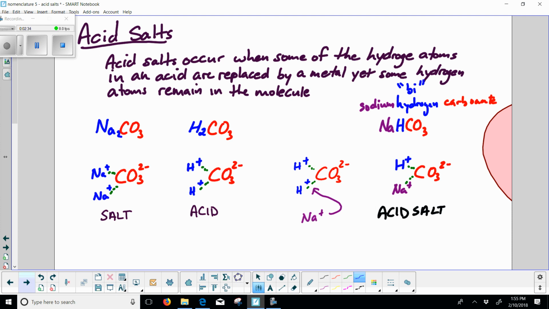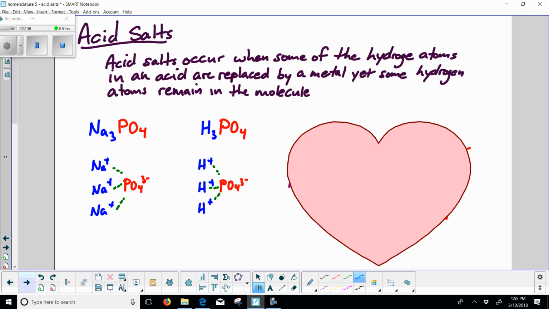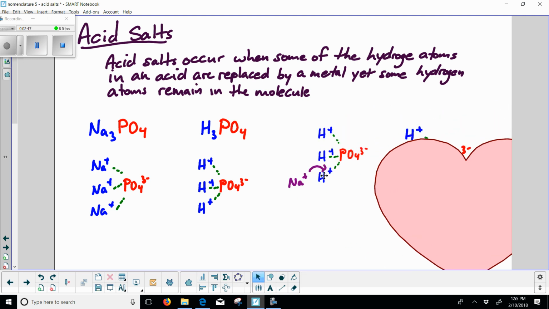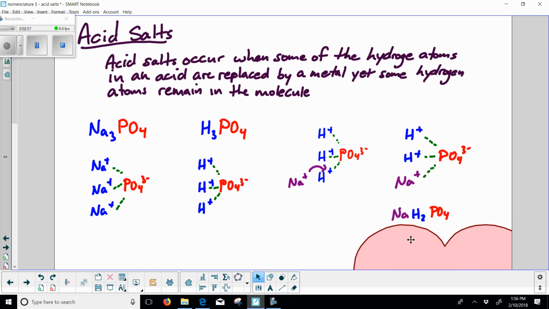Let's look at another example here. Like before, we have an acid, phosphoric acid, and here we have sodium phosphate salt. And let's say that, like before, one of the sodiums comes in and displaces one of the hydrogens. And as a result, you're going to end up with this particular compound. So like before, you write down the metal first. Now we've got two hydrogens, and you have a phosphate.